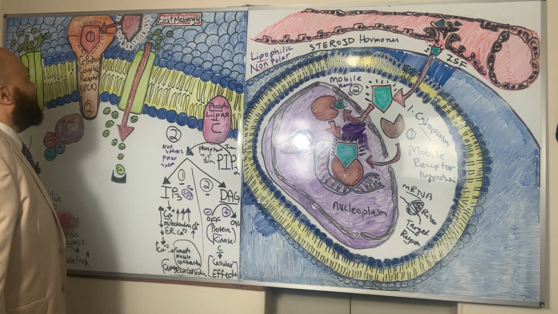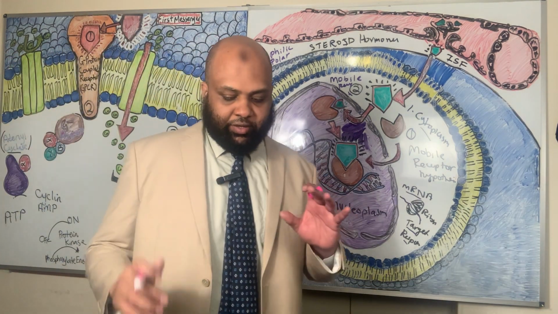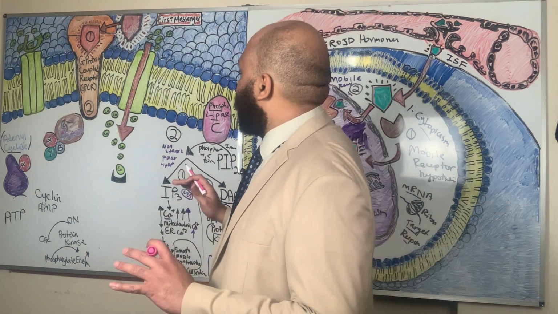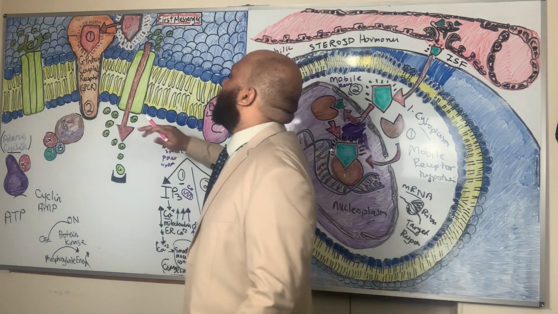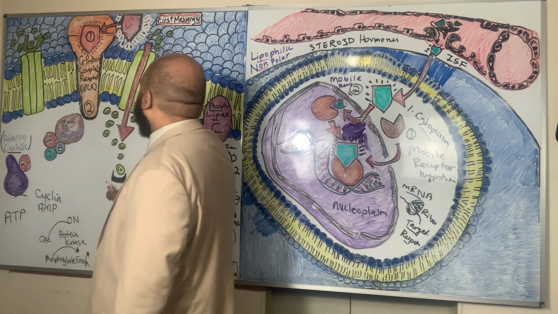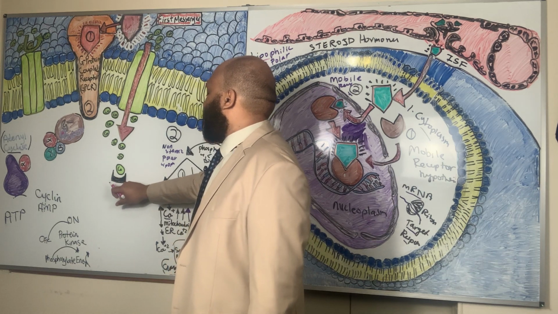Now, the second messenger system is two parts. There is the calcium calmodulin system that is very simple, where the binding of a signal to an extracellular receptor will lead calcium to influx to the cytoplasm and bind to the calmodulin receptor.